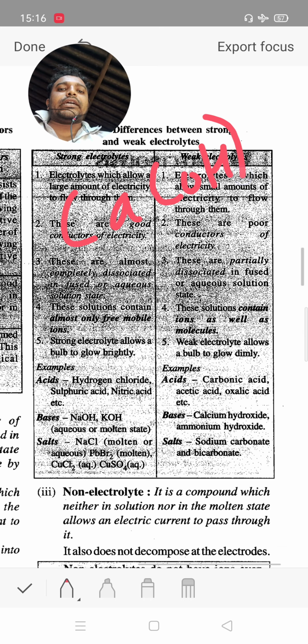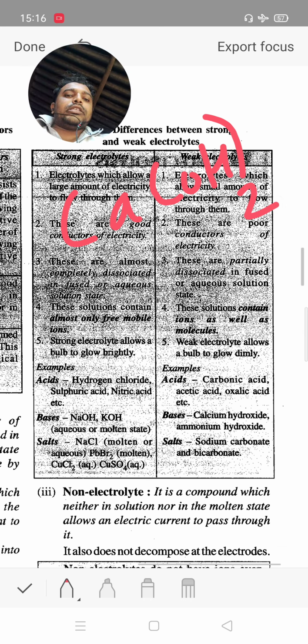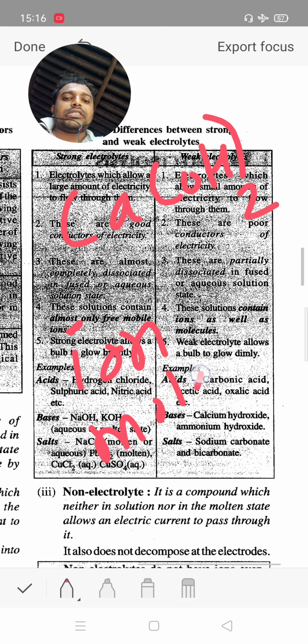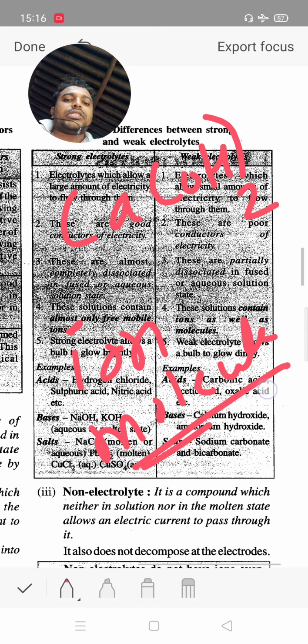In this weak electrolyte solution, ions as well as molecules are both present. But in case of strong electrolytes, it produces only ions.